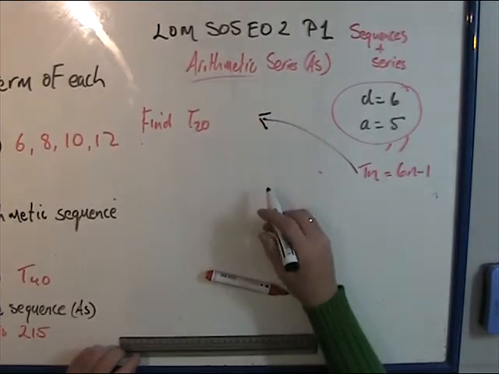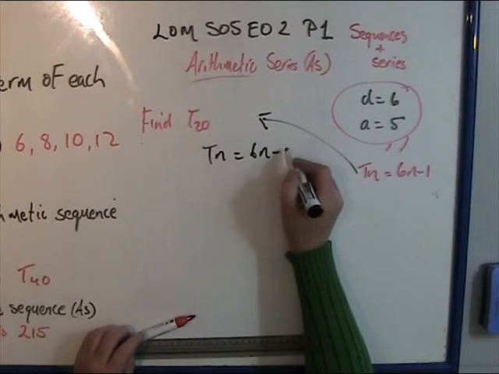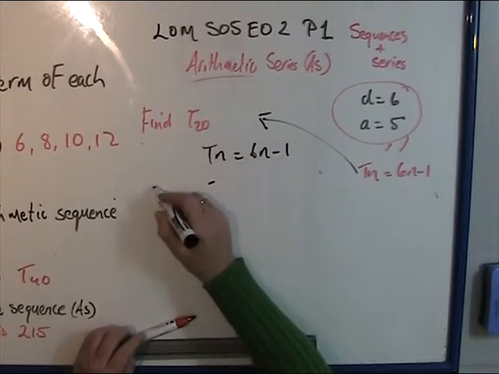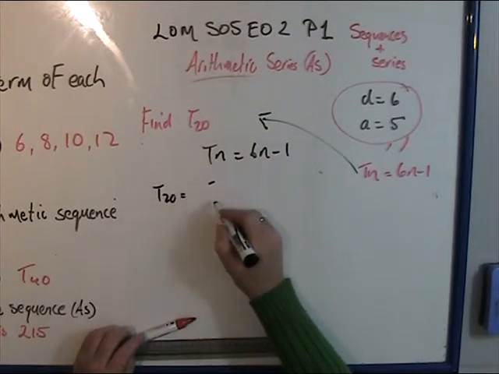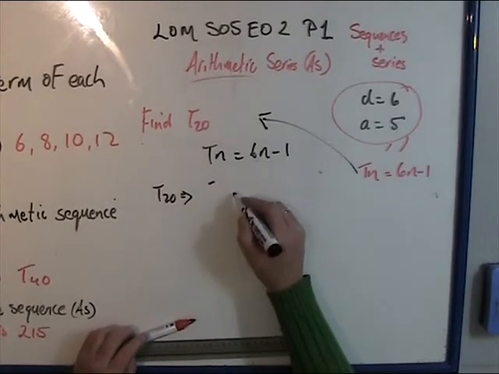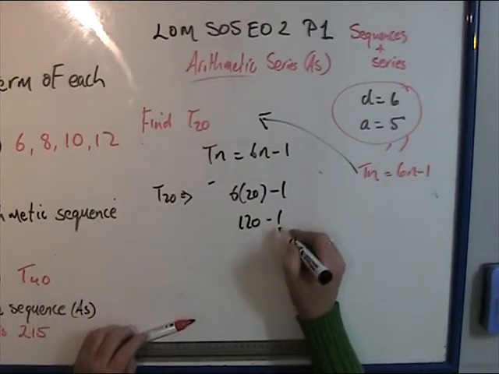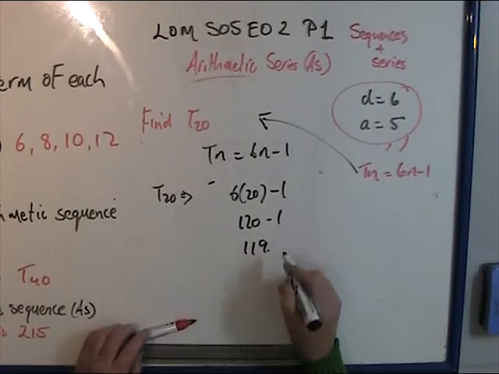Tn is equal to 6n minus 1, so T of 20 implies that we put in 20 for n. So 6 times 20 minus 1 is 120 minus 1, which is 119.